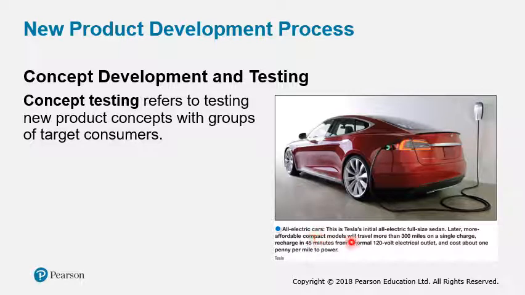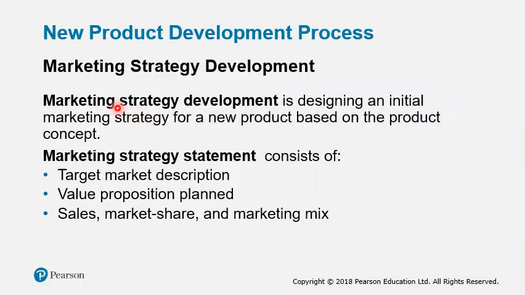When Tesla first initiated the full-fledged electric car, do people get the idea, or are they able to believe that the electric car will actually work or not? So if they say yes, the concept is acceptable to the customer, then they can move on to marketing strategy development, which is the fifth stage.